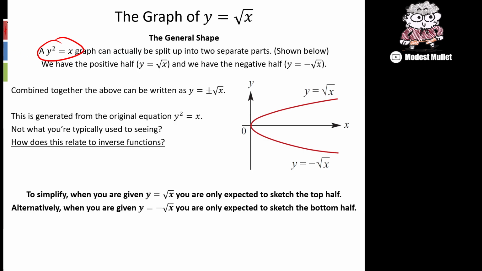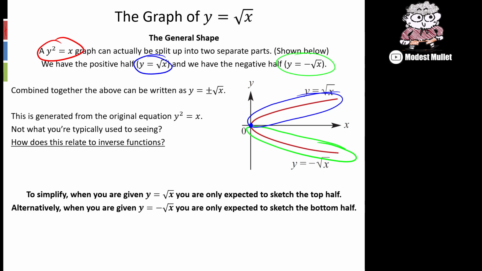The key part to a quadratic graph is that we have a positive or negative version. Sorry, not the key part of quadratic. The key part of a square root graph is that we have what could be the positive or the negative of it, with the negative being this lower part down here and the positive being this part up here, and we have our turning point, or what we'll get to call the end point.